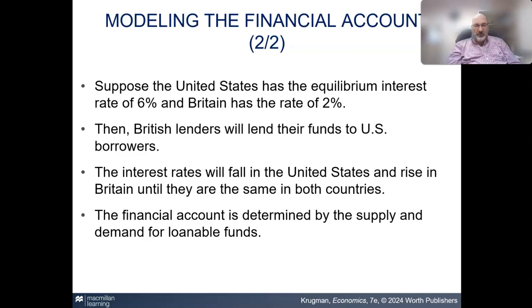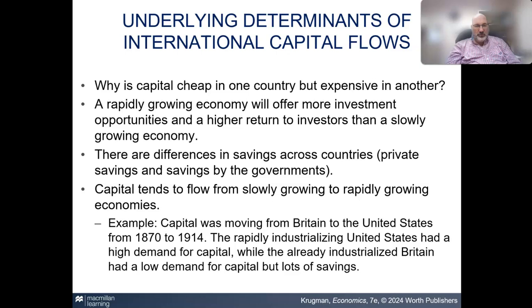Okay, pretty simple to figure out. They're going to lend us money. Money's going to flood the US market. That'll reduce the interest rate. There won't be enough money in Great Britain. That'll raise the interest rate in Great Britain. We will settle somewhere around 4%. The financial account is determined by the supply and demand for loanable funds.